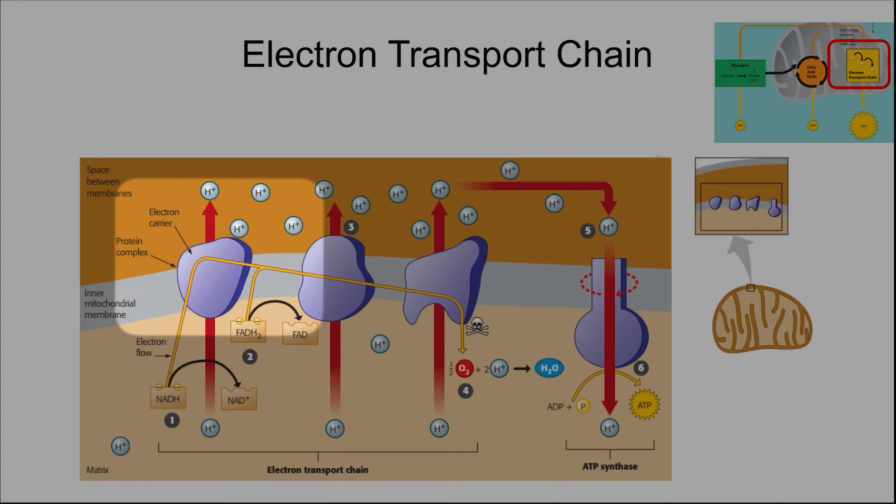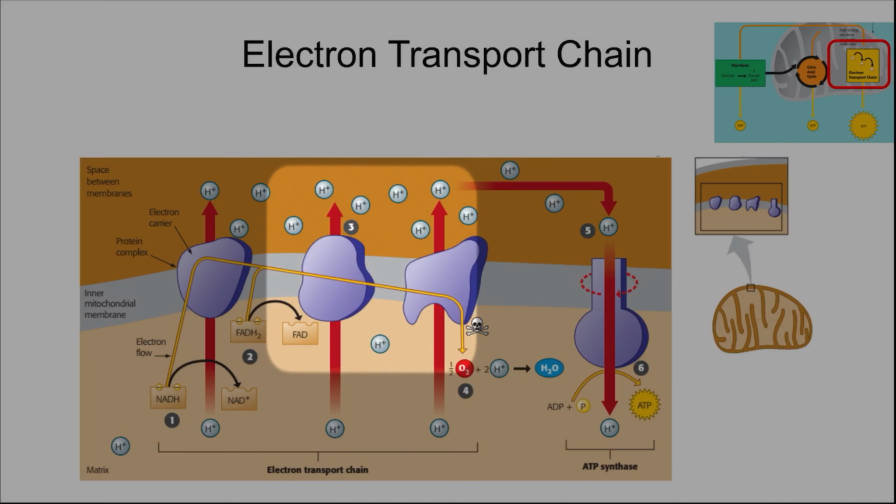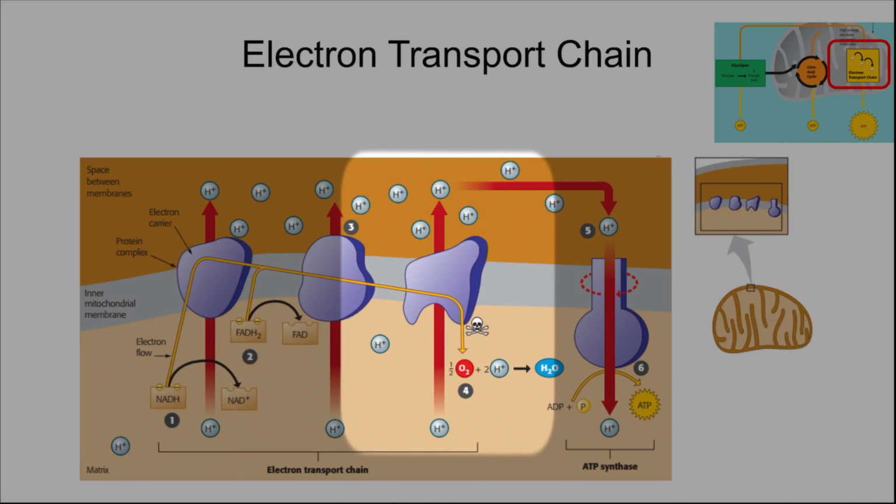That electron continues to pass from one protein complex to the next. The next protein complex does the same thing. It moves a hydrogen ion into the intermembrane space. By the time the electron loses all of its useful energy, it's passed through several protein complexes, which have passed more hydrogen ions into the intermembrane space.